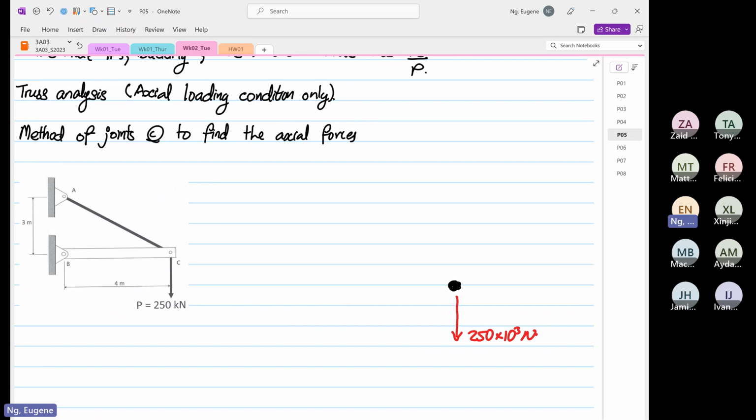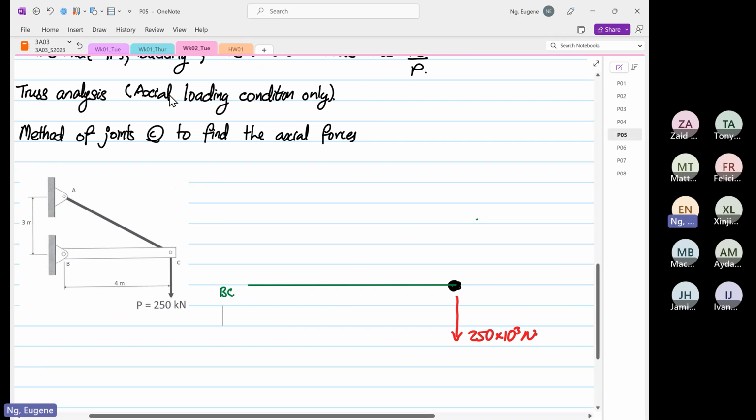Okay, I'm going to draw the centroid for BC and AC. So this is our centroid for BC.